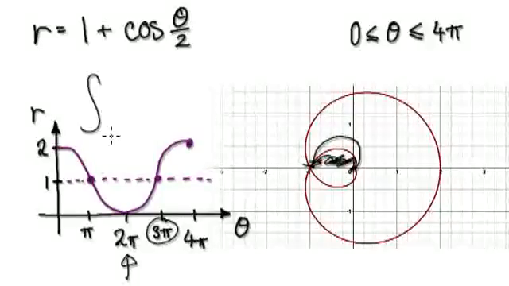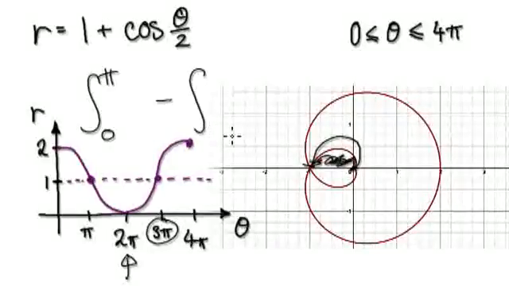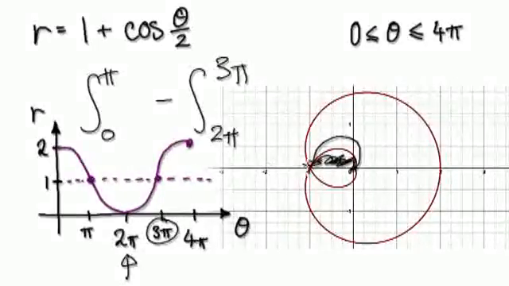So what we need to do is sum up everything from 0 to pi, and then take away from 2 pi to 3 pi. So that's what we need to do, and then we can times it by 2 here.